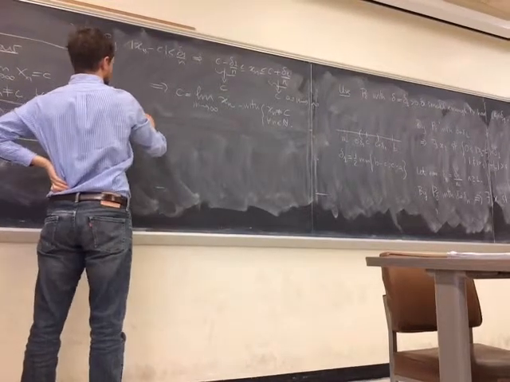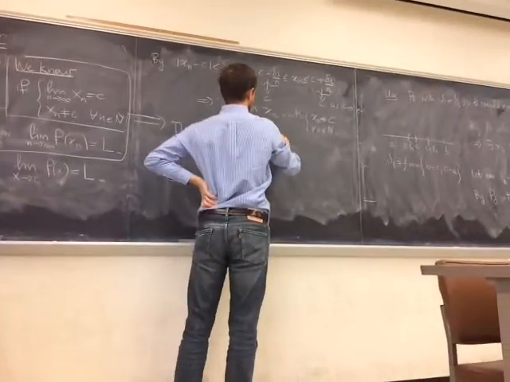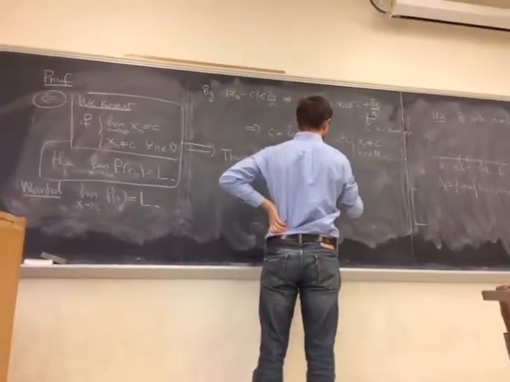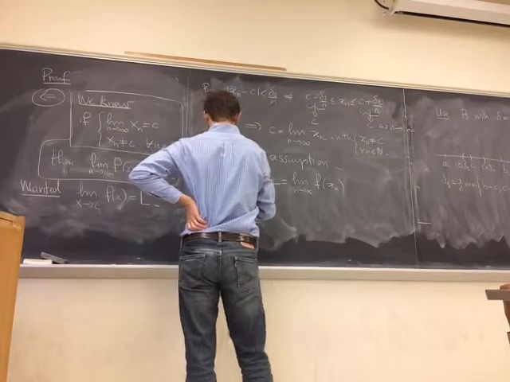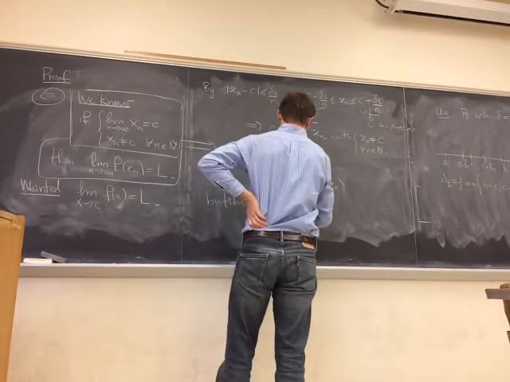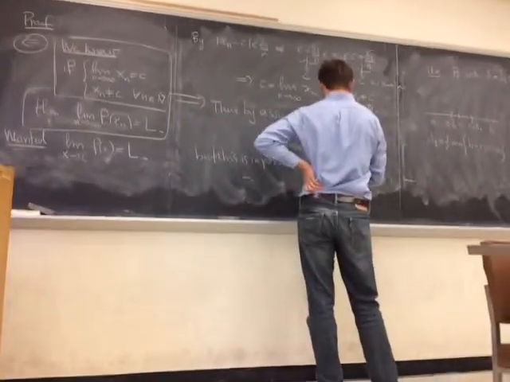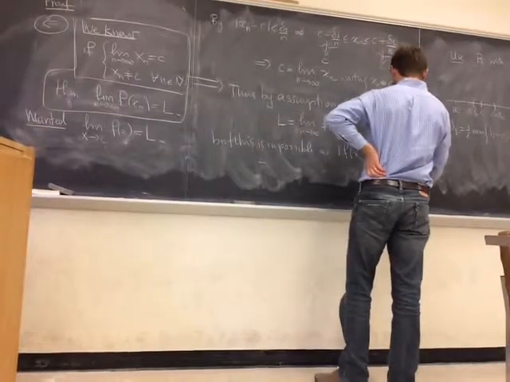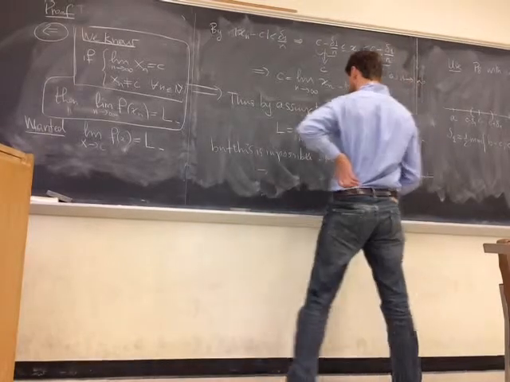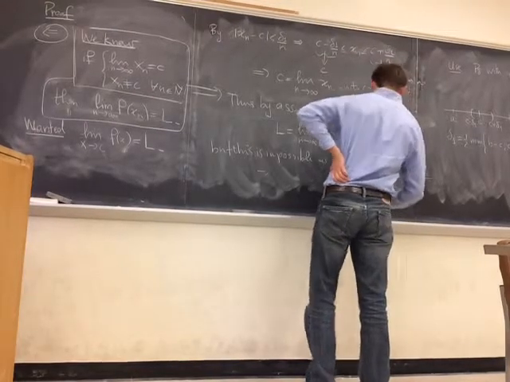Thus, by our assumption, L must be the limit as n goes to infinity of f computed at these points xn, but this is impossible, as by construction |f of xn minus L| was strictly larger than epsilon for every n natural number, where epsilon is a positive number, right?